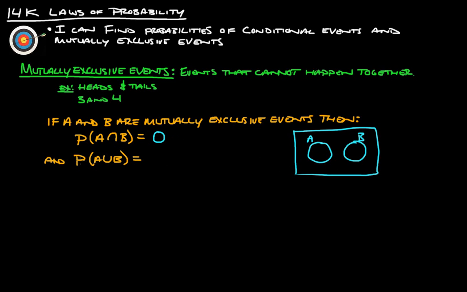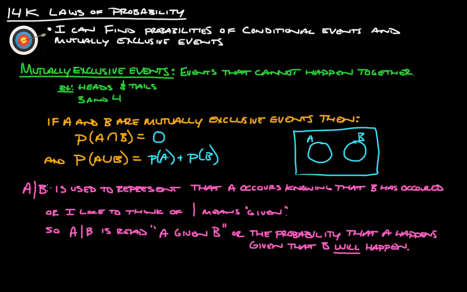So then also with that, the probability of A union B, A and B together, is just going to be the probability of A plus the probability of B, because that would be this and that.